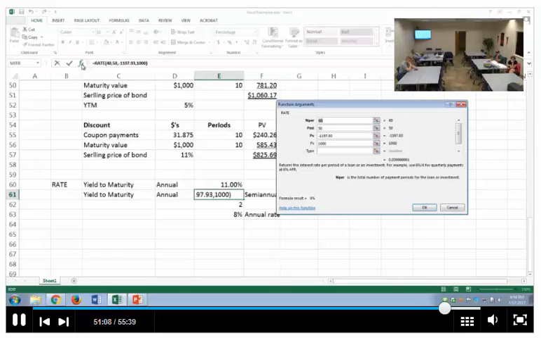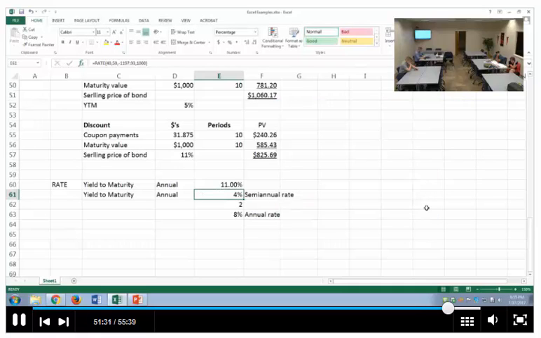All right. But again, the interest payments are entered as a positive. The current selling price is entered as a negative, and the redemption value is entered as a positive. All right. And if I click OK, that gives me an interest rate. However, it's a semi-annual rate. So you have to multiply by 2 to get the annual.